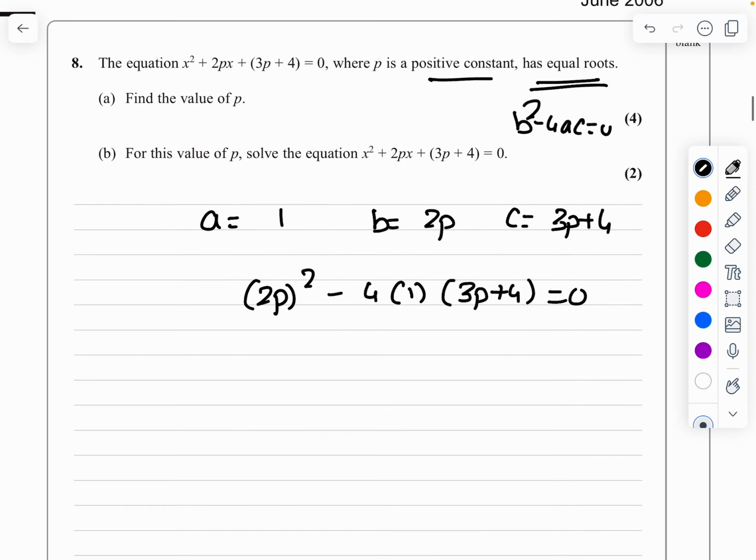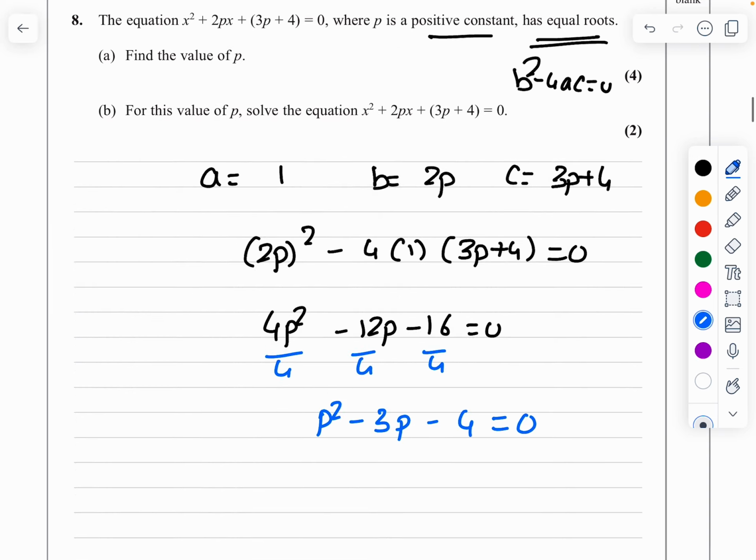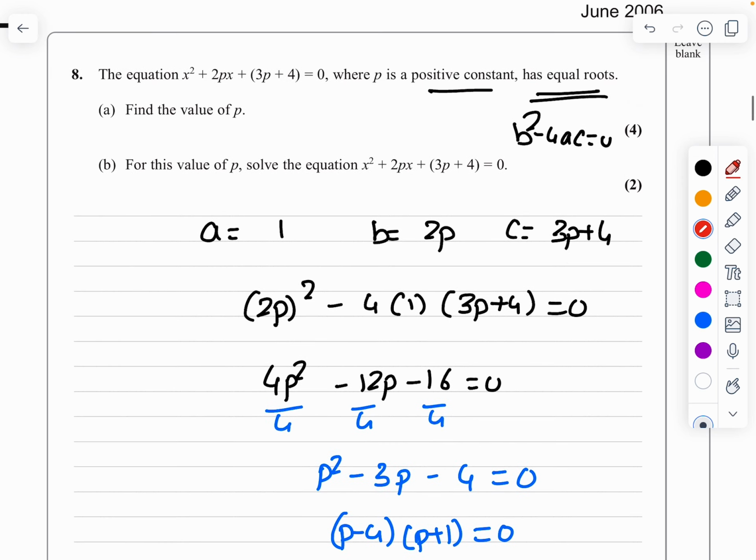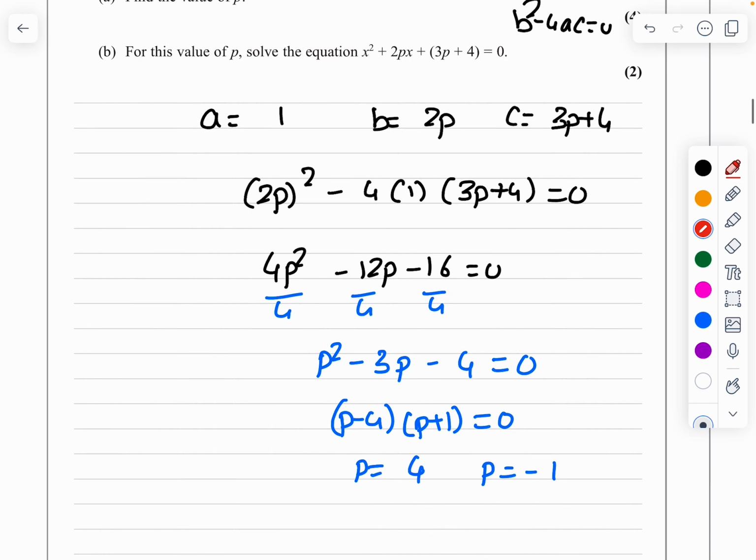So you get 4p squared minus 12p minus 16 equals 0. Divide by 4 on either side. So it becomes p squared minus 3p minus 4 equals 0. Now I factorize it out. (p minus 4) times (p plus 1) equals 0. p equals 4 or p equals negative 1. But he said that p is a positive constant, so negative 1 is rejected. So the only answer is p equals 4.